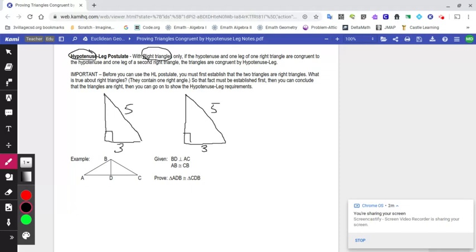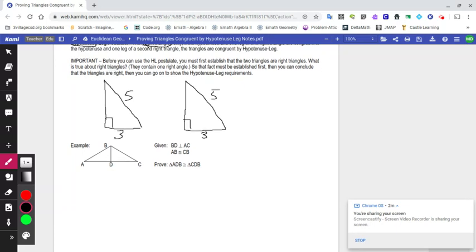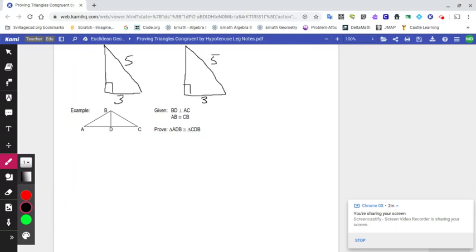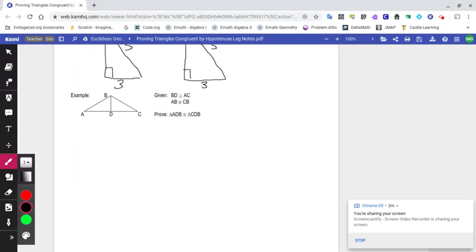That is a statement that has to be made within the proof. We have to prove it's a right triangle first, and then we can go on to use the hypotenuse leg postulate. So I'm going to mark what I have here. BD is perpendicular to AC. It does not say anything about perpendicular bisector. It just says perpendicular, so all I can say is that those are right angles.